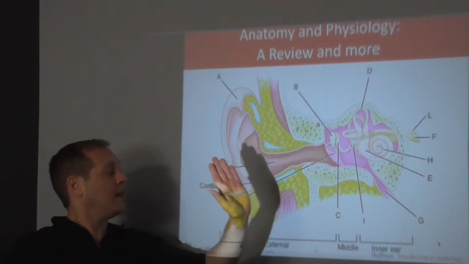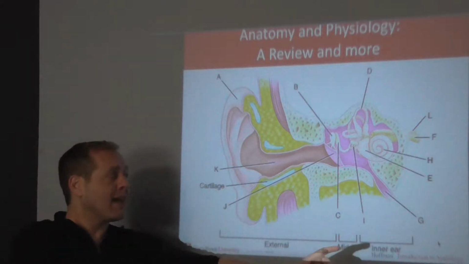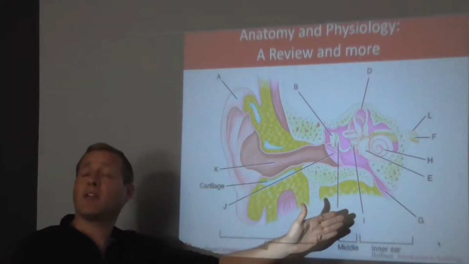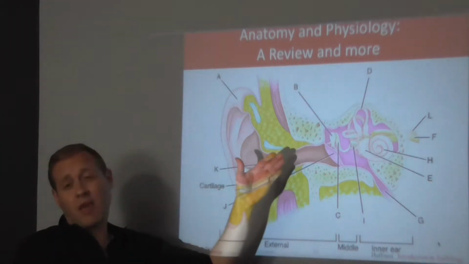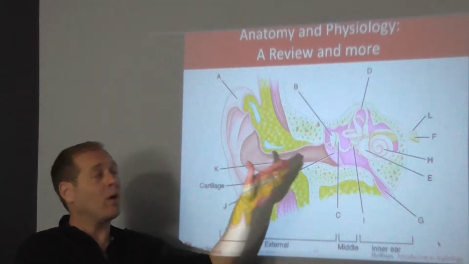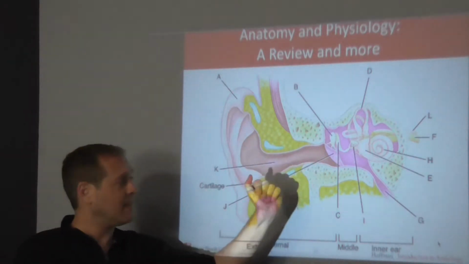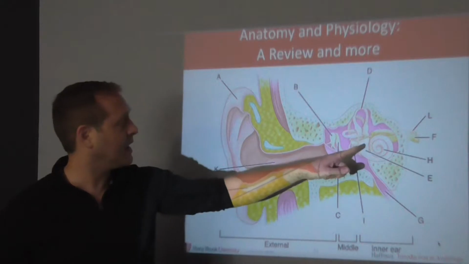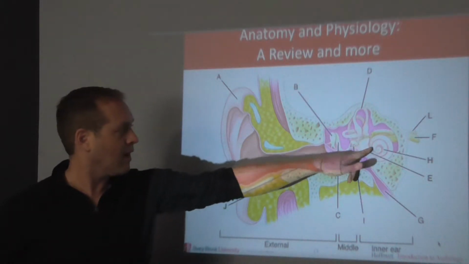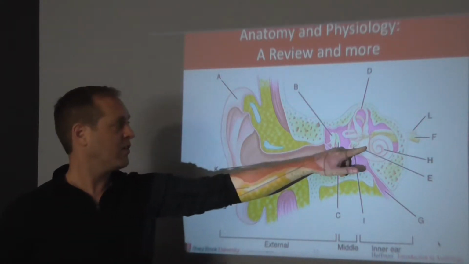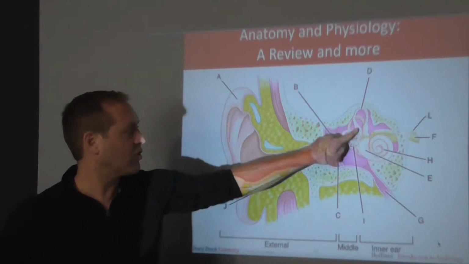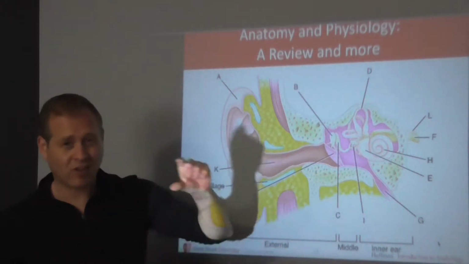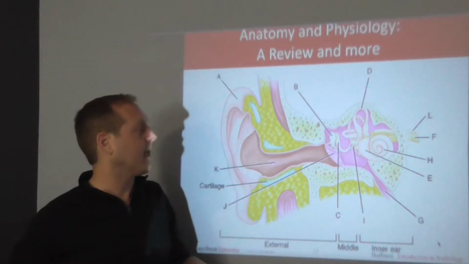Then we get into the inner ear. Like I said, usually the barrier for the inner ear is the oval window, which is what the stapes is connected to. If you look, the stapes is connected to this large portion of this big structure here. Looks big, but it's actually pretty small in your body.